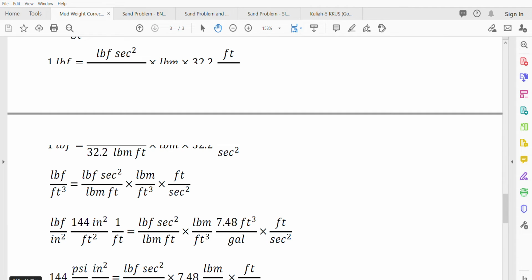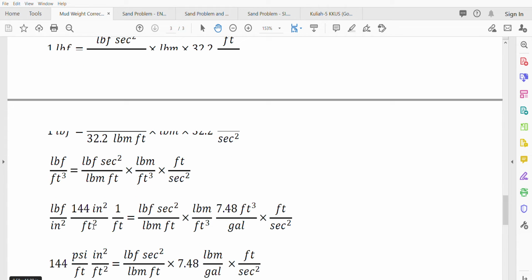We can rearrange everything to become something like this. We put in square to get the psi, multiplied by 144, and then we have psi per feet.